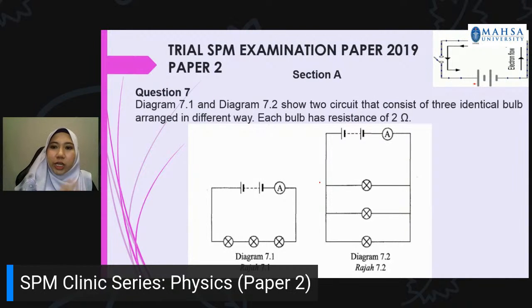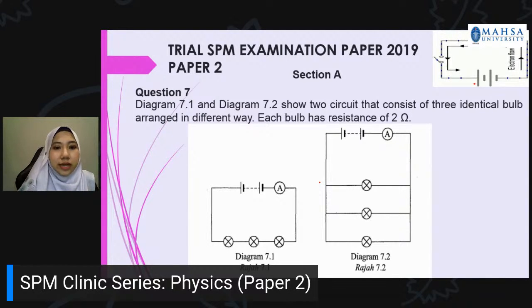So first you need to understand how many types of connection there are in the circuit. You have two types of connection, which are series and parallel. Then you need to identify and clarify: diagram 7.1, what is the type of the connection? And how about diagram 7.2, is the bulb parallel or is it a series connection?